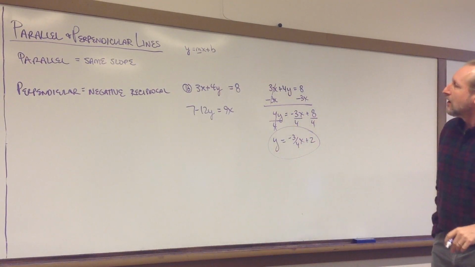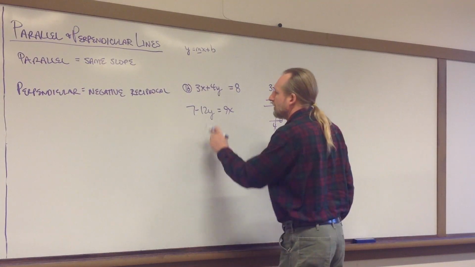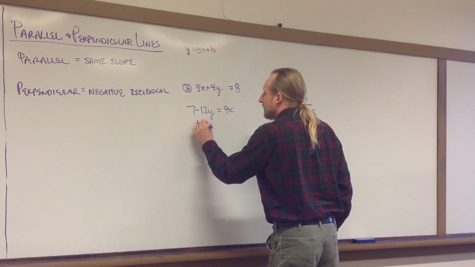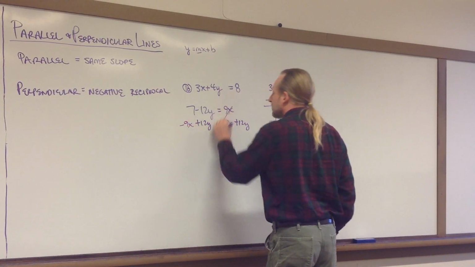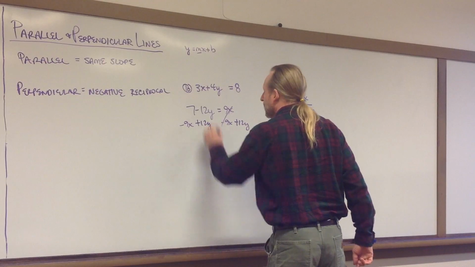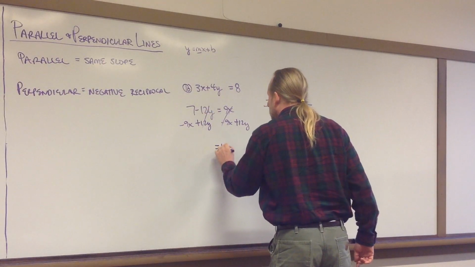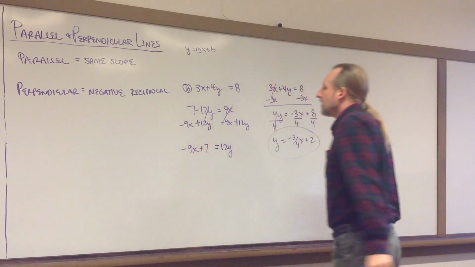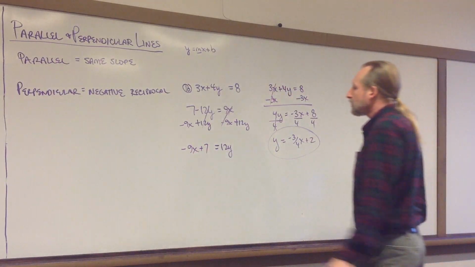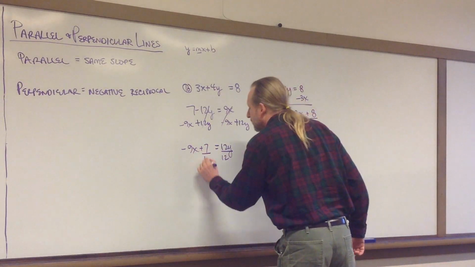All right. Well, that's going to be helpful. Here, let's see. I'll add the 12y to both sides and subtract the 9x on both sides. So let's see here. Those cancel out. Here we'll have 12y, negative 9x plus 7. And now we've got to divide everything through by 12.